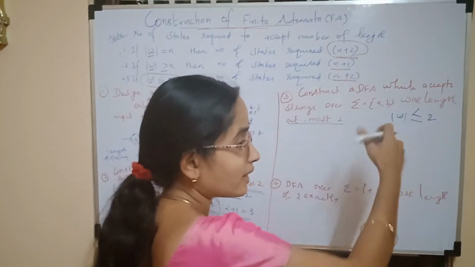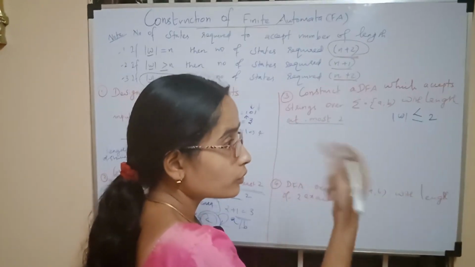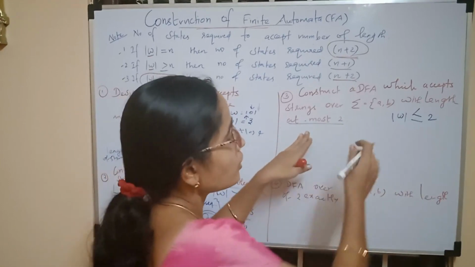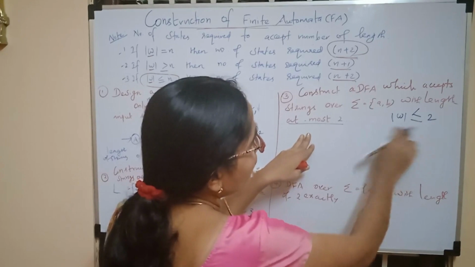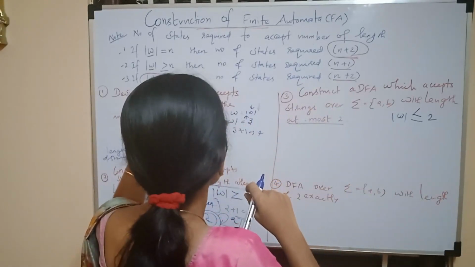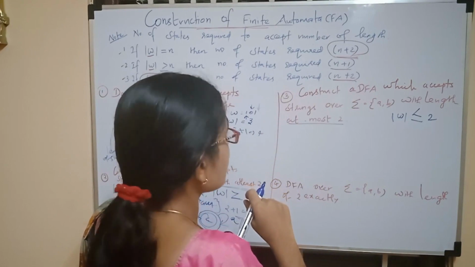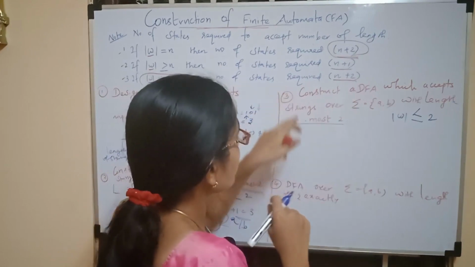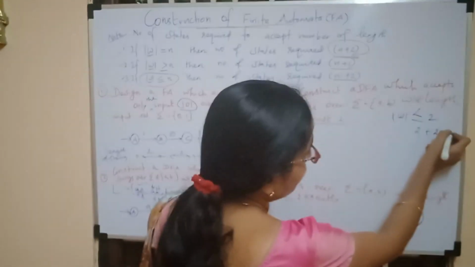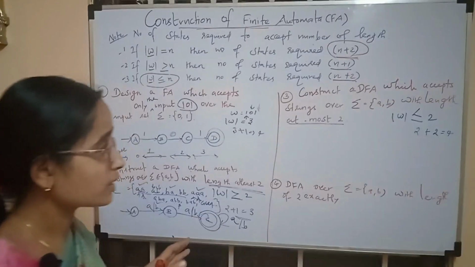It should not exceed 2. At most 2 means that, right? This will be the third formula. When the length of W is less than or equal to n, the number of states required is n plus 2, which means 2 plus 2, so you will have 4 states here.